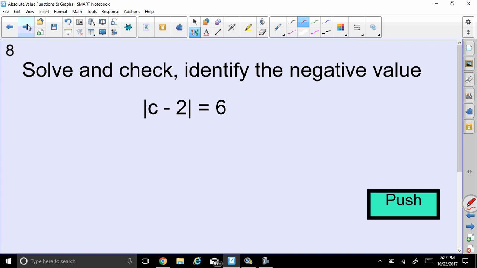So, good question. Solve and check, identify the negative value. Alright, so let's notice these terms are inside of the absolute value, so it's equal to 6. So let's go ahead and set it equal to 2 different types of problems, one being positive and the other being negative.